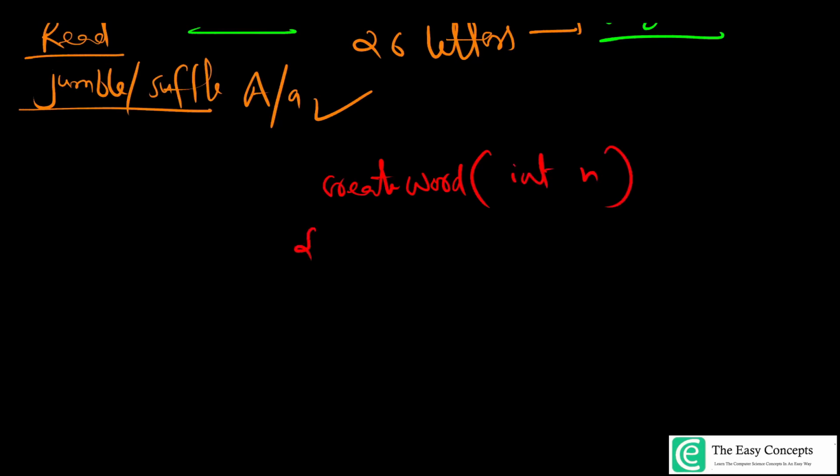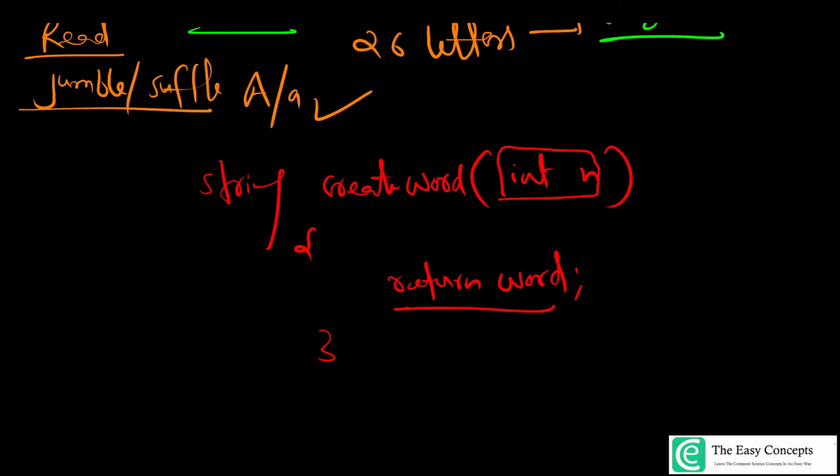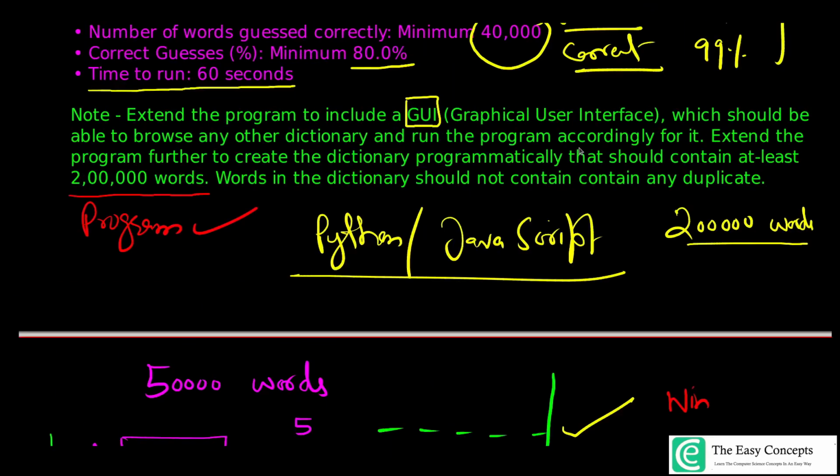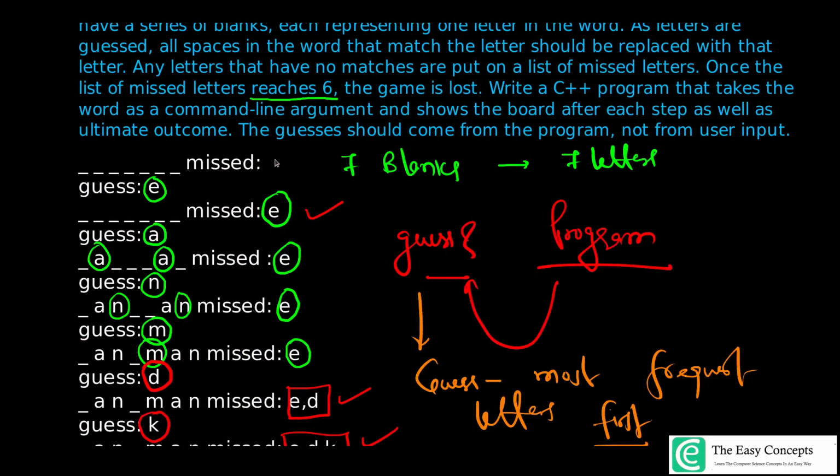So this is the length of the word, and it is returning a word. So you have to be dependent on this, right? And return the word. Whatever logic you apply here, you have to return a word of length n, whatever you pass here. And one thing you have to keep in mind, that it should have no duplicates, right? But this is the second part. First try to solve this part, right?